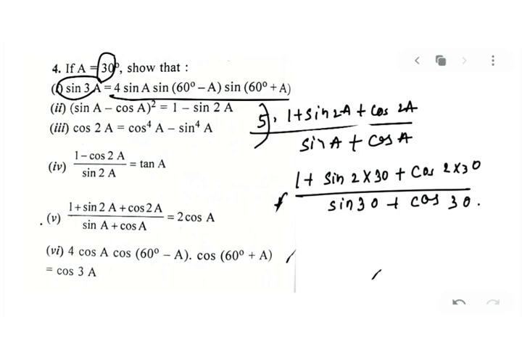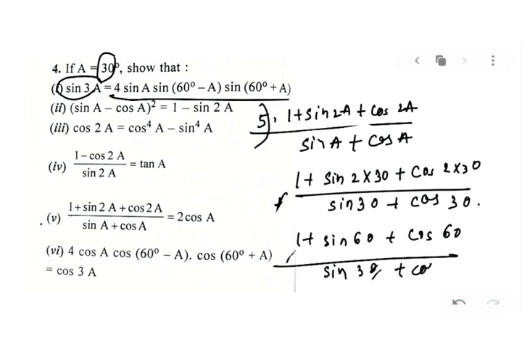So that will be 1 plus sin 60 plus cos 60 upon sin 30 plus cos 30.